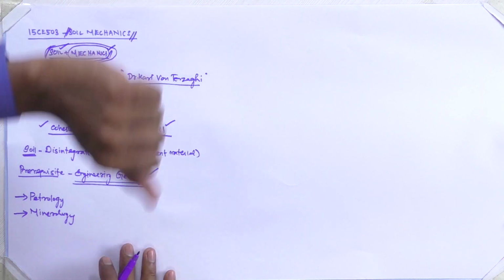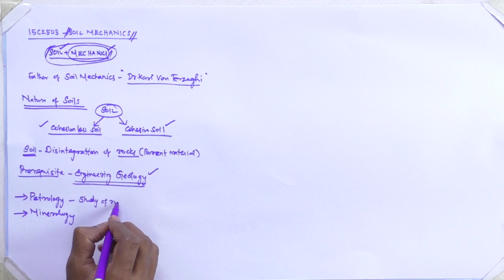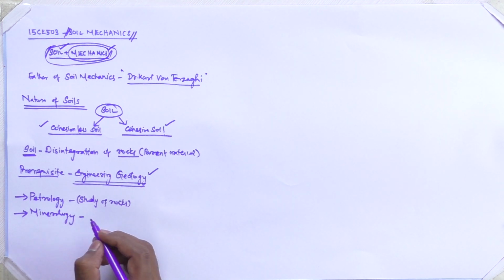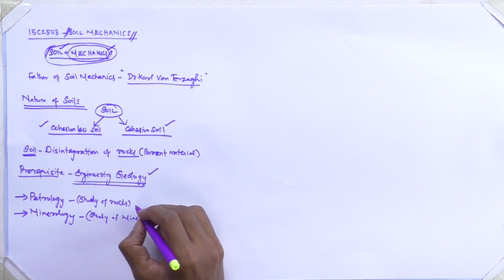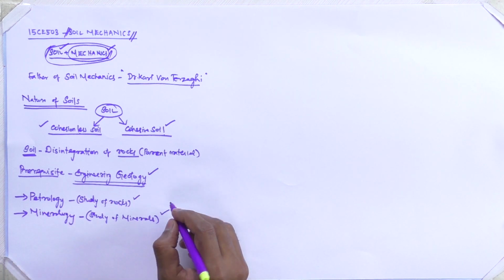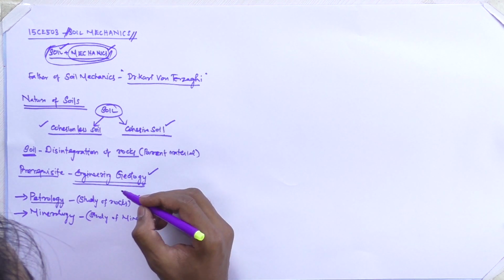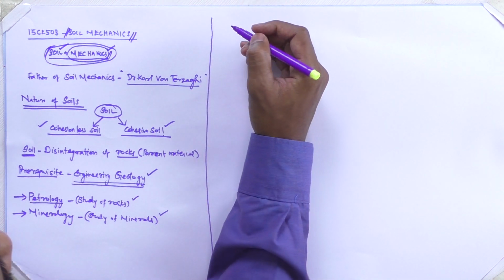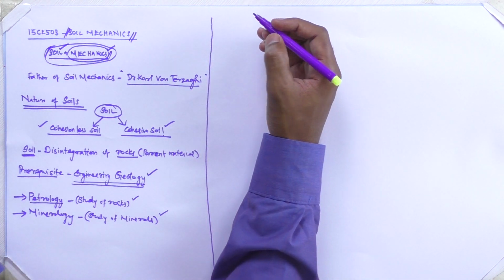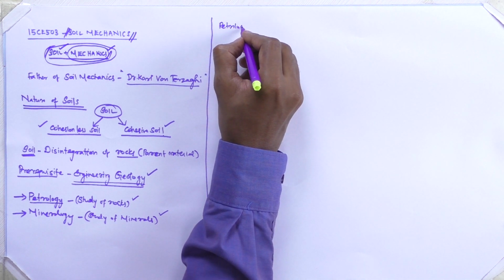Petrology is a study of rocks, and mineralogy is a study of minerals. It is not a study of petroleum, it is a study of rocks. Since soils are the product of rocks, first we will deal with petrology.